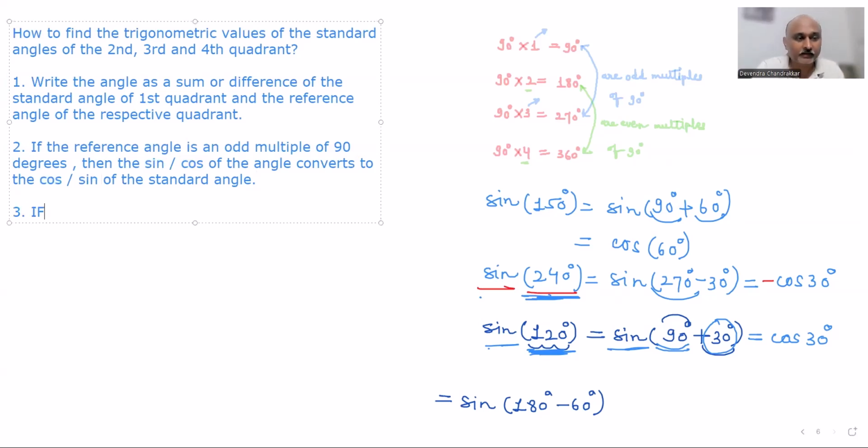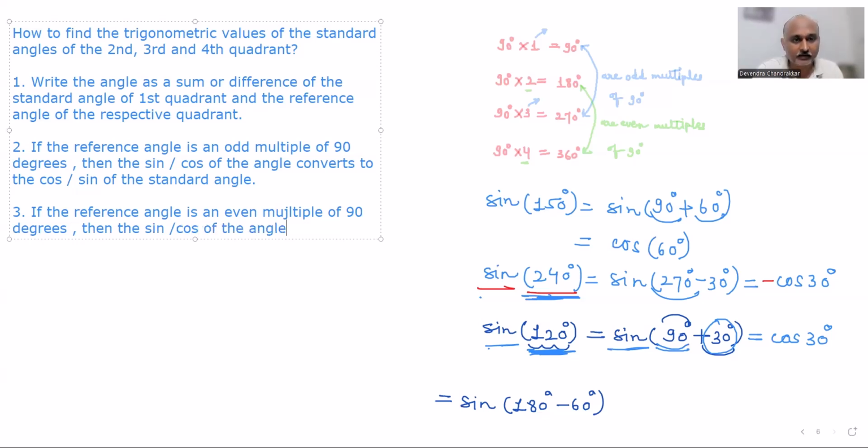Now the last one. If the reference angle is an even multiple of 90 degrees, then the sine or cos of the angle converts to the sine or cos of the standard angle.